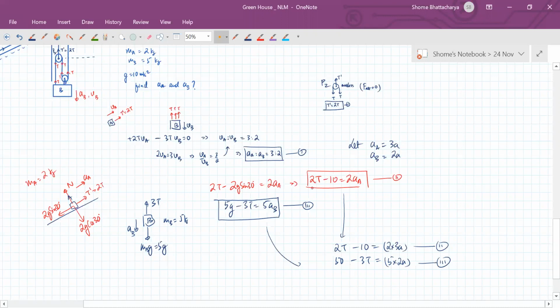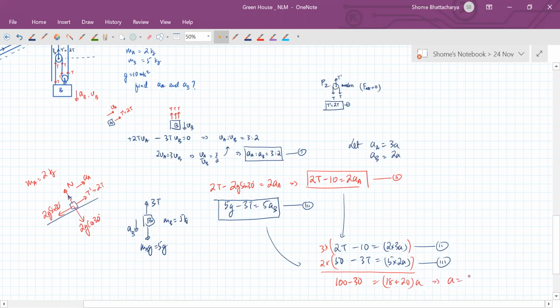Now to get rid of tension and find the value of a, we'll multiply this by 3, we'll multiply this by 2 and add these. So 60 and 60 will get cancelled out. And we'll get 100 minus 30 on this side is 60, is 18a plus 10a, that is 28a.